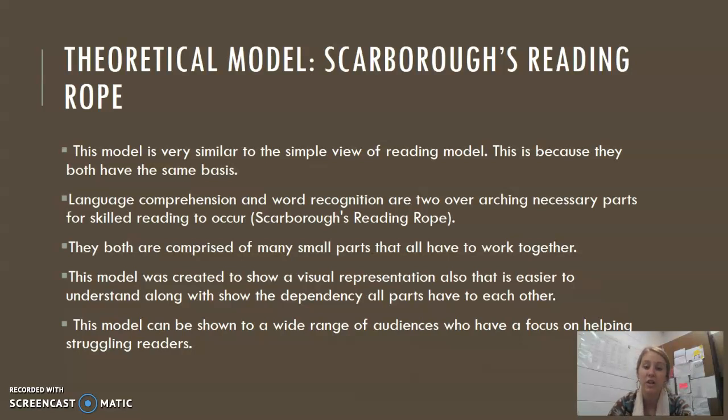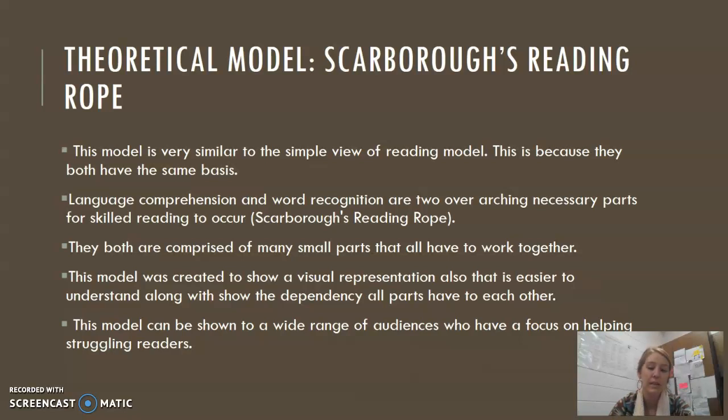Language comprehension and word recognition are the two overarching parts according to the site with the article over Scarborough's reading rope. Then it talks about the different parts that break into word recognition and language comprehension. This was mainly created as a visual representation that can help you understand, along with showing all the dependency that the parts have on each other.